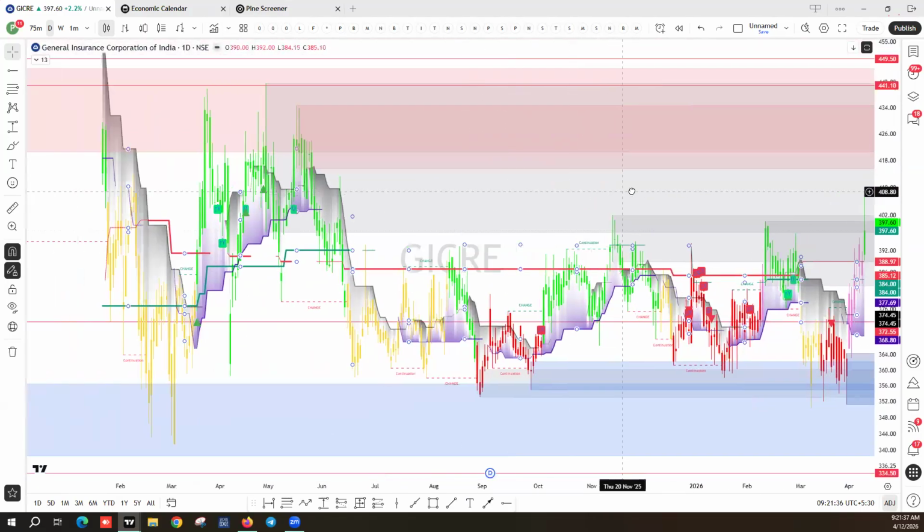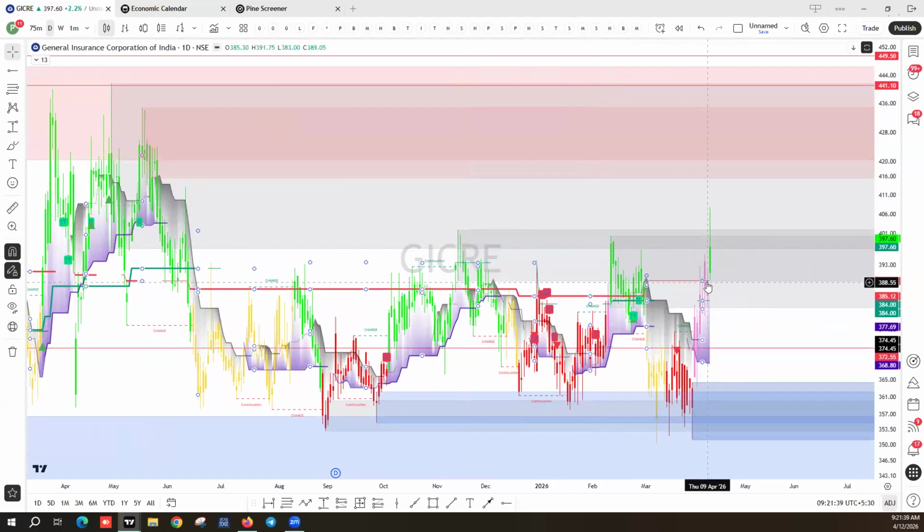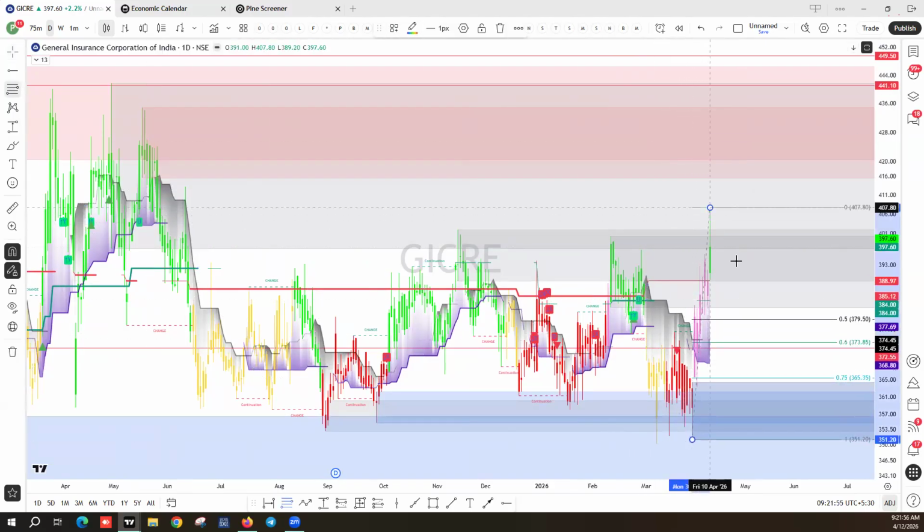General Insurance Corporation. So bearish momentum band is still present, but it has become thin. Bullish bias band. Bearish bias band is present. Bearish momentum black color has disappeared. Bullish momentum has appeared. But it looks like it likes to come down repeatedly. So I would like to take a retracement entry.